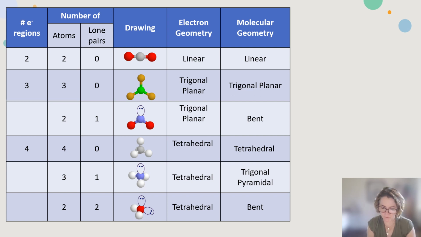Okay, so the first compound we are going to be taking a look at is carbon dioxide. So let me go ahead and draw carbon dioxide up here. Make sure I give myself plenty of space. Okay, so in order for us to determine the electron geometry and then the molecular geometry, we have to take a look at the electron regions, and this is all going to come from the Lewis structure.